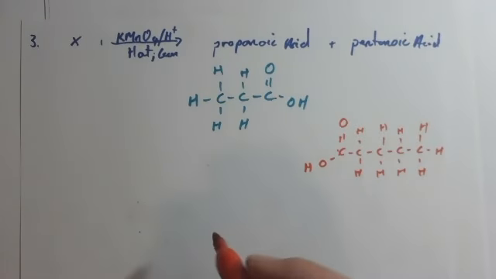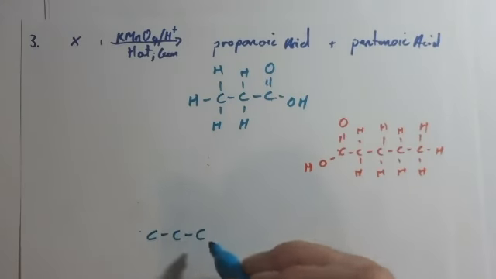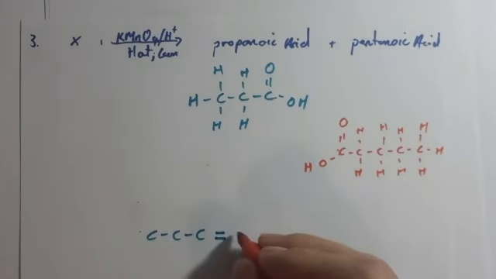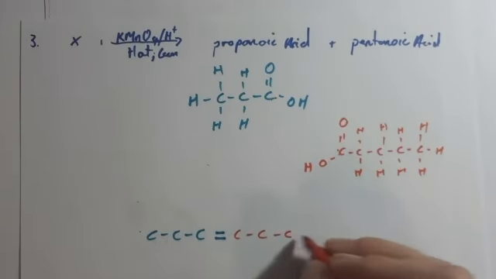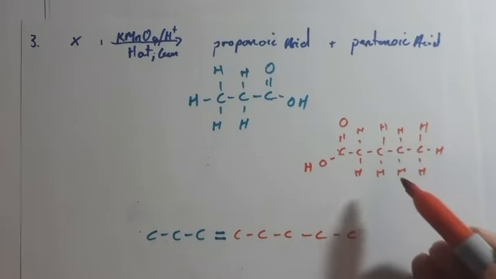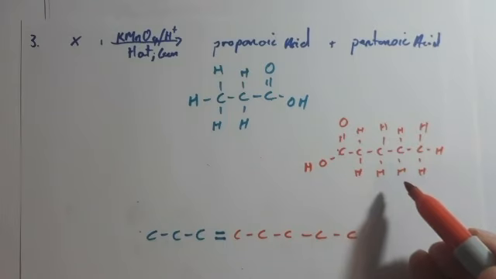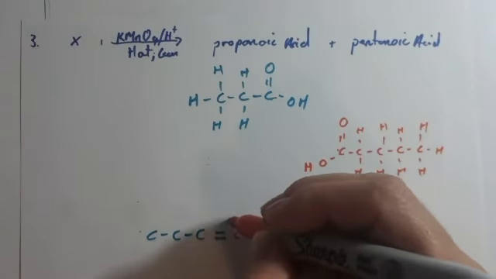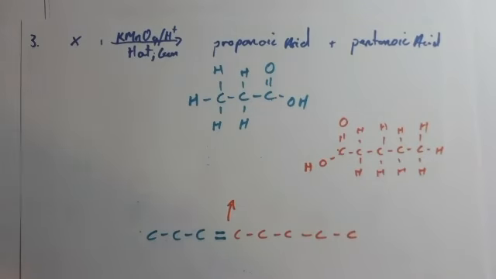So that if we look at this molecule, it looks like this. Carbon, carbon, carbon, double bond. 1, 2, 3, 4, 5. Would it give me these products in the end? Well, let's see. If they break up, what do we get?